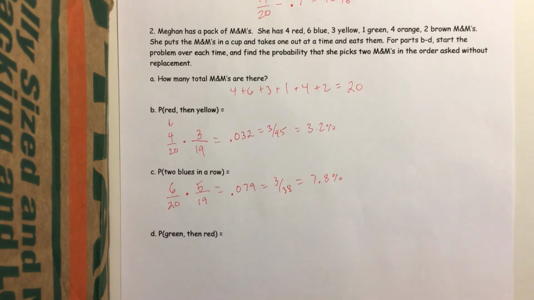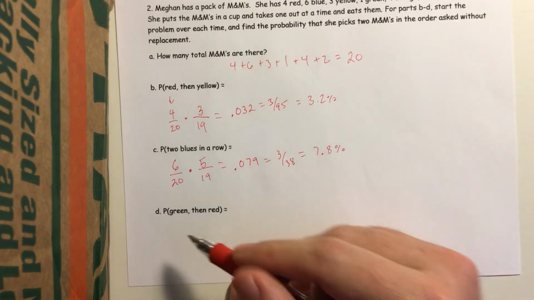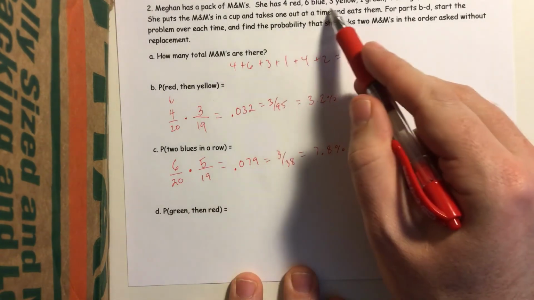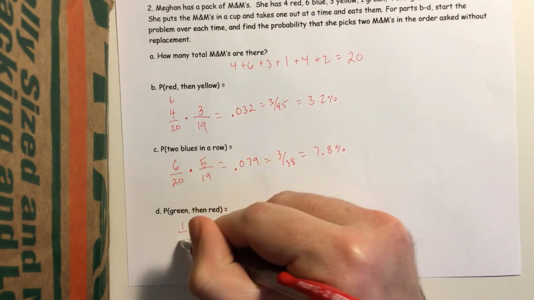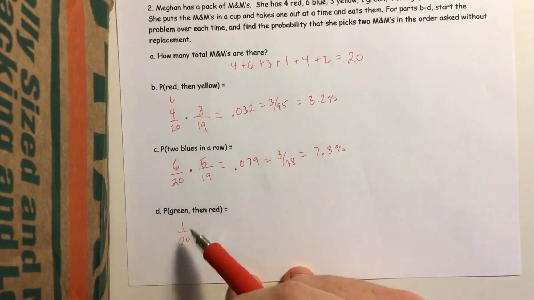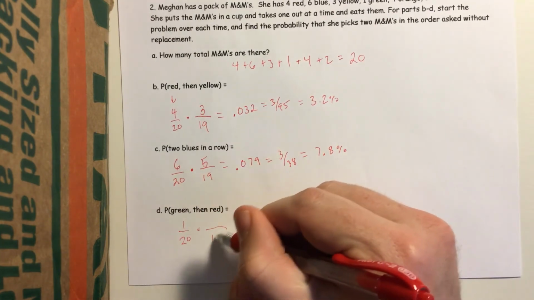All right, and then last one: what is the probability of pulling a green followed by a red? If you haven't tried this already on your own, I would really suggest you try this one on your own and see how you do. All right, I'm going to do it now. We have one green M&M, so we have a 1 out of 20 chance of pulling a green M&M. We're eating that green M&M, so we only have 19 left.